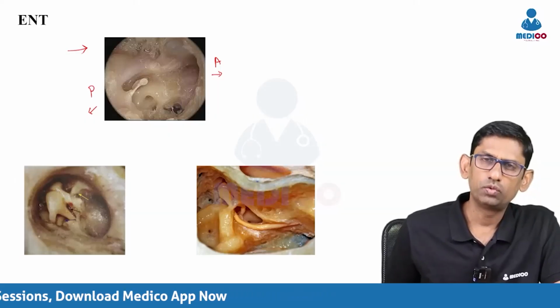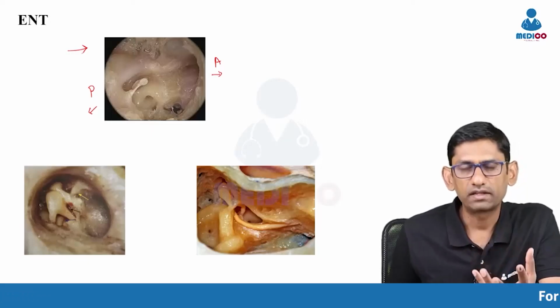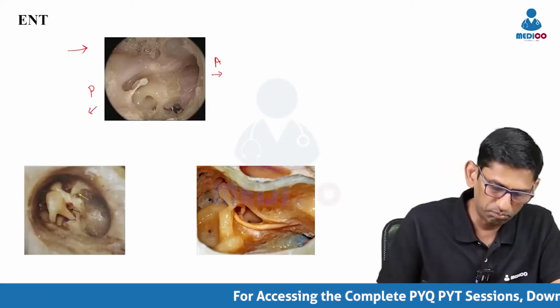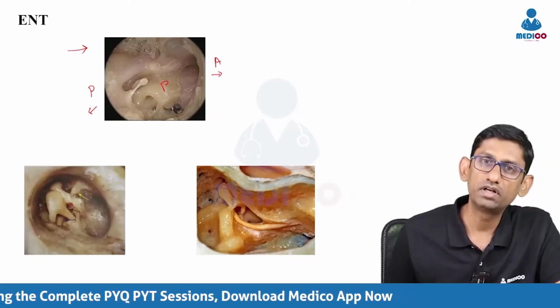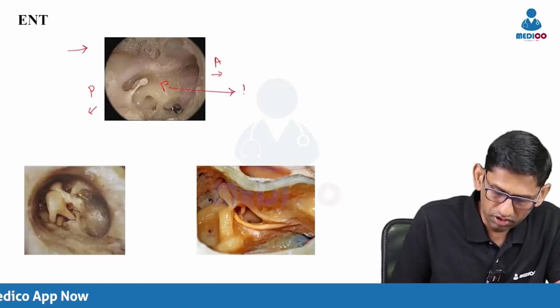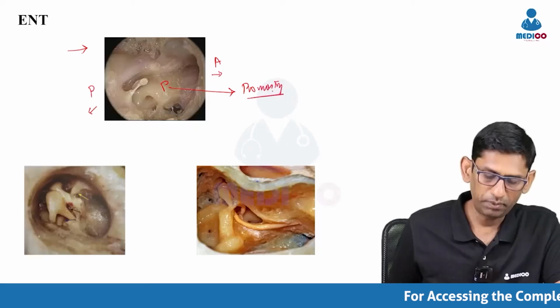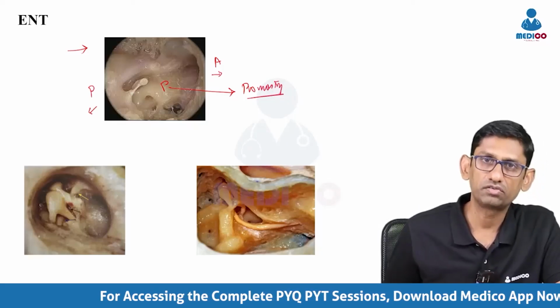As I told you, if you open the mesotympanum, the medial wall is formed by the bony bulge formed by the cochlea. The bony bulge you are seeing in the medial wall of the middle ear is formed by the basal turn of the cochlea, and that is called the promontory.